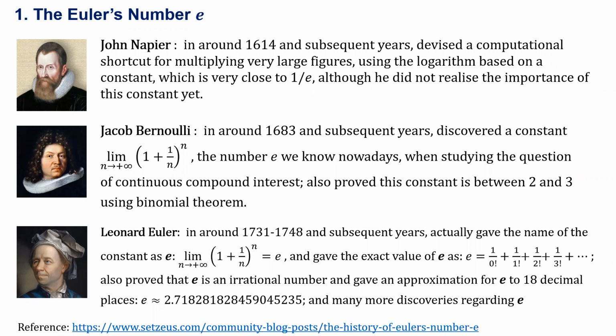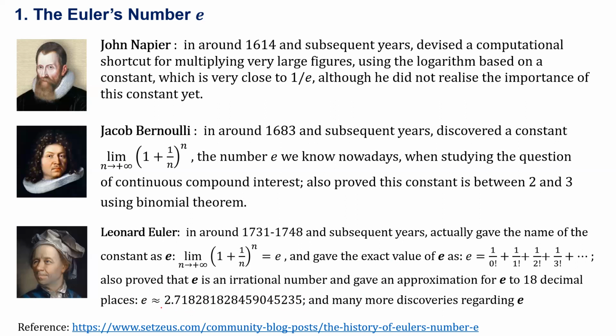He also proved that the number E is actually an irrational number and gave an approximation for E to 18 decimal places. Well, E is approximately 2.7 1828 1828 45 90 45 235. So actually, it's not very difficult to remember this figure to 18 decimals, right?